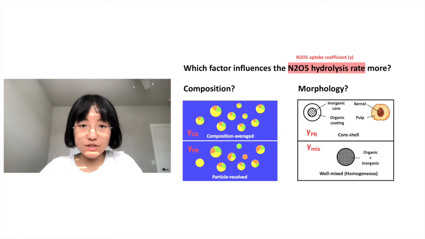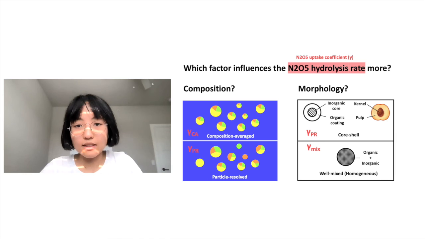To answer the question of which factor influences the N2O5 hydrolysis rate more, we can compare 3 different population gammas. Gamma PR represents the actual composition and mixing structure of particles. When comparing gamma PR and gamma CA, we can know if the composition actually makes a difference in the N2O5 hydrolysis rate.